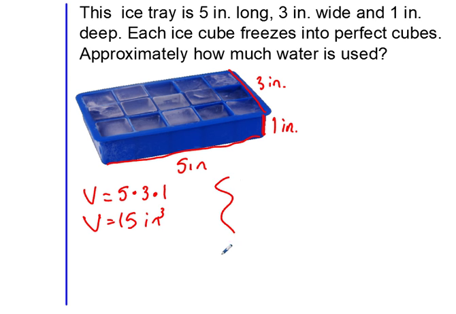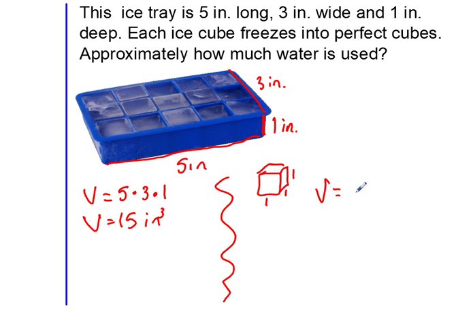The other way we could approach this problem is we could find the volume of just 1 cube. The volume of 1 cube of ice would be found by doing 1 inch times 1 inch times 1 inch.